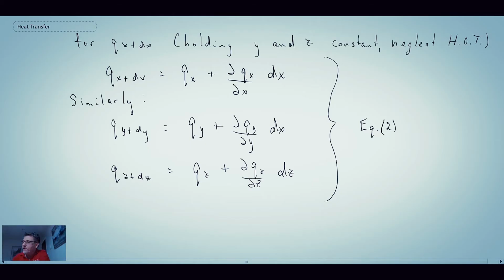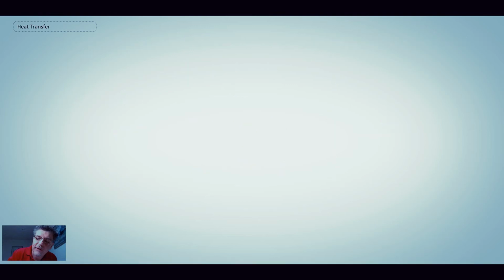So we have equation 1, which was the energy balance. We have equation 2, which is basically using Taylor series expansion. And we can take equation 1 and equation 2. The other thing we're going to do is recall our Fourier's law in 3 dimensions.